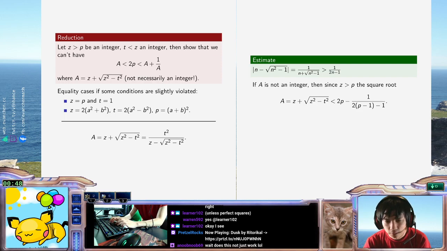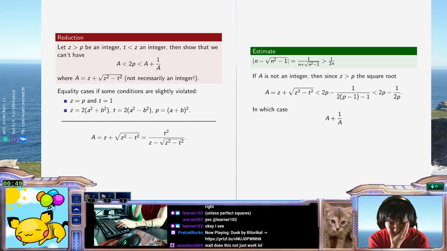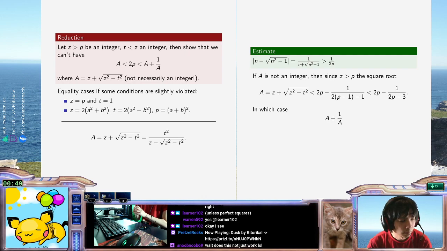Oh, let's just write for simplicity 2p minus 1 over 2p. In which case, we cross our fingers and hope that a plus 1 over a is good enough. Maybe I might need the minus 3 after all. Does that work? Wait, is this gonna work?